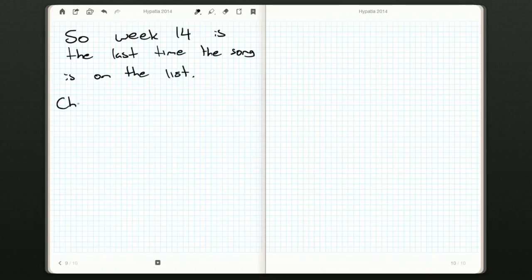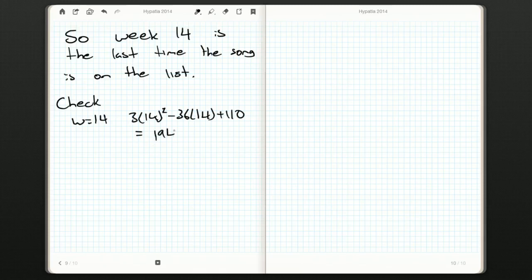And we could check. Is it on week 14 and off on week 15, which is the next week? 3 times 14 squared minus 36 times 14 plus 110. That's 3 times 196 minus 14 times 36 plus 110. And now this week, week 15, we should be over 200.